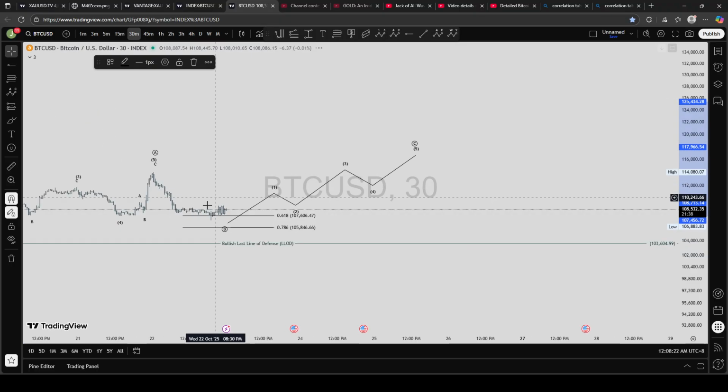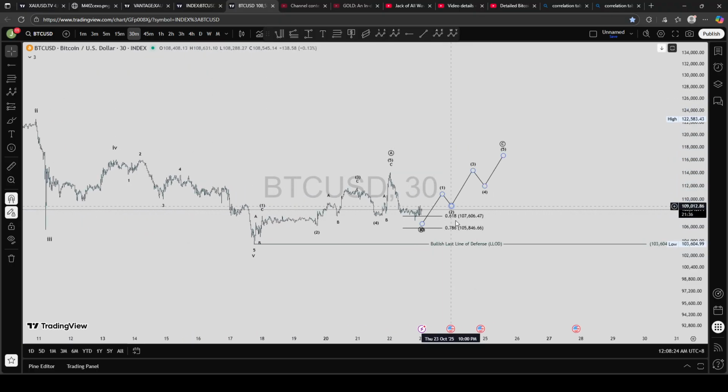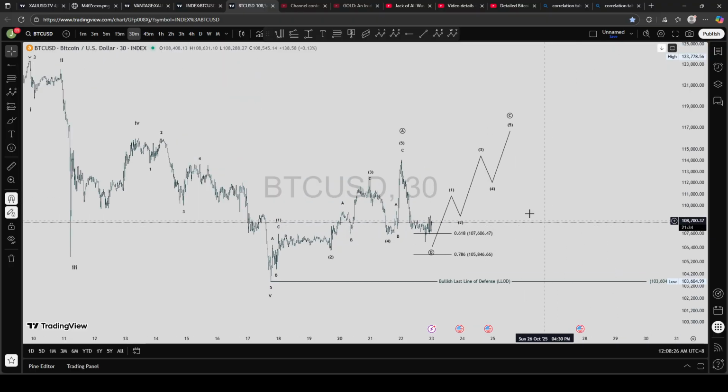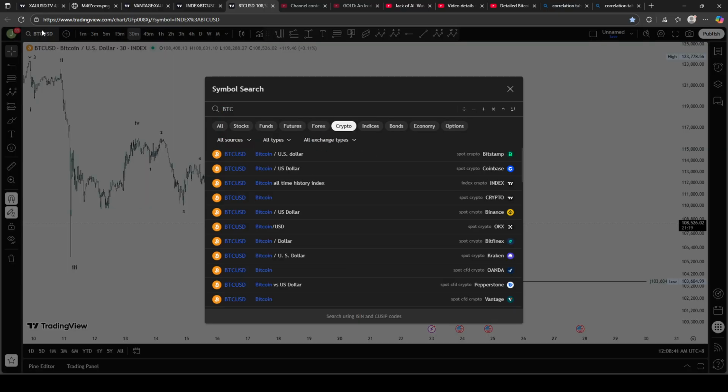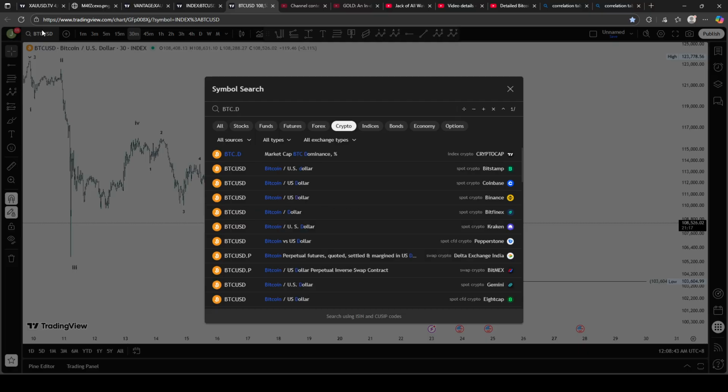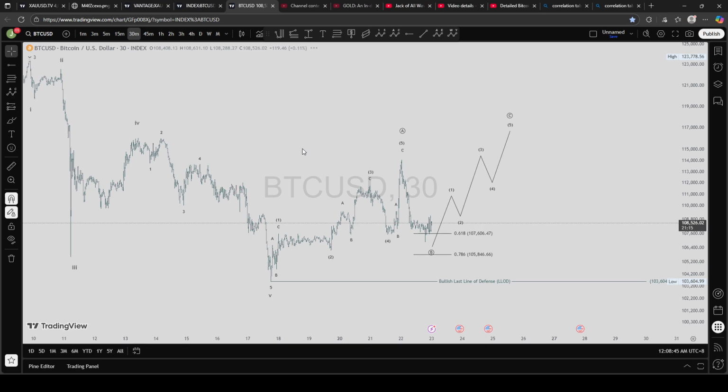I already forecasted that the market will bounce at least 5 waves up to complete the possible ABC here. I forecasted it as 3 waves up first before I consider the other scenario, which is a possible 5 waves up. Of course, I base it on the CME gaps of Bitcoin as well.